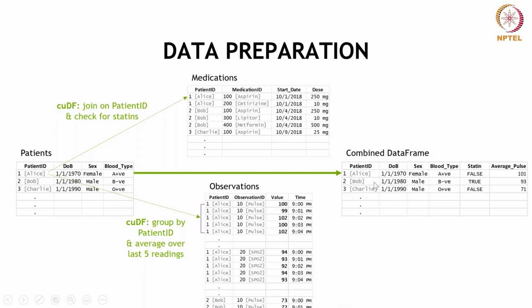So you have combined part of this database and taken certain observations from here, but also done certain averaging based on, say, the 5 readings. This is data preparation that needs to be done before the data is provided to machine learning for the training part of it.